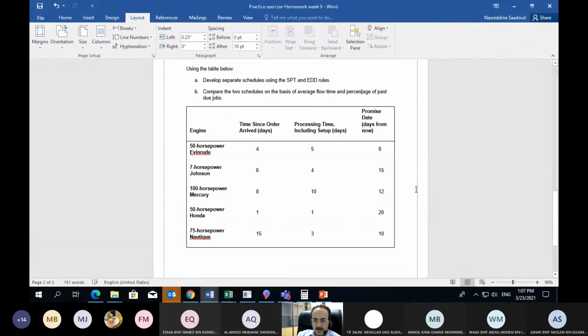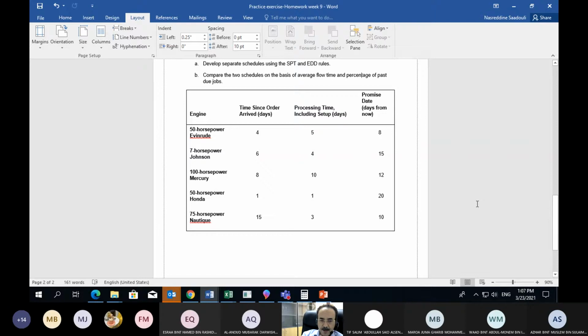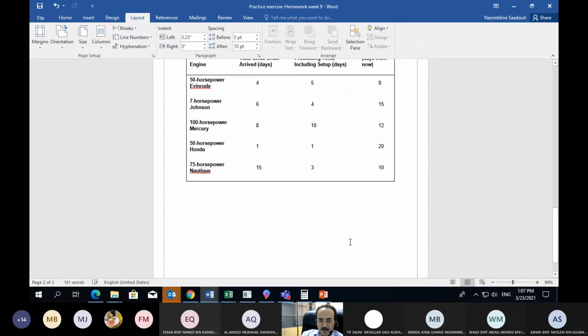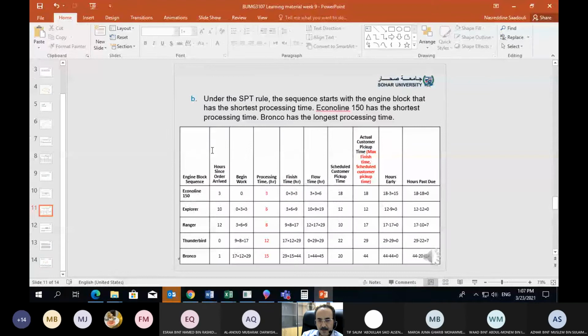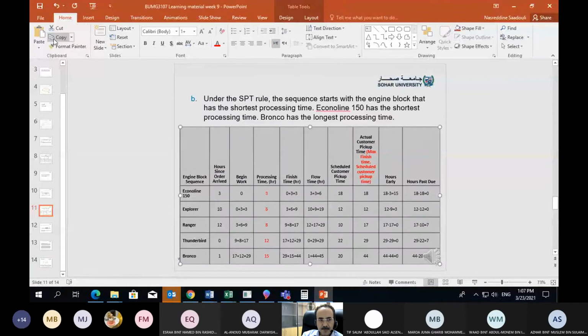So back to the question. All right. Based on that, compare the 2 schedules and essentially say which schedule is better according to each criteria. Now, the best way to do this is really to do the following. Okay, I'm going to copy the table.